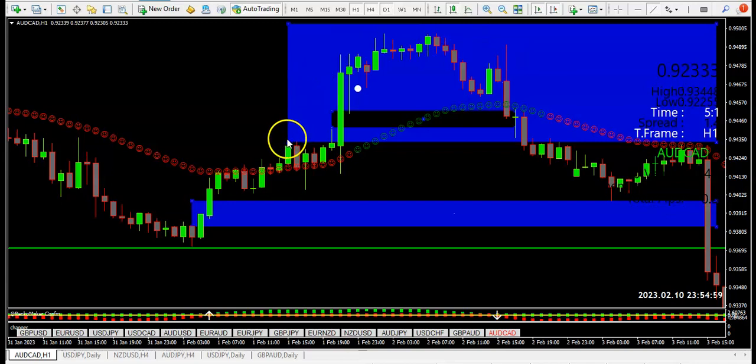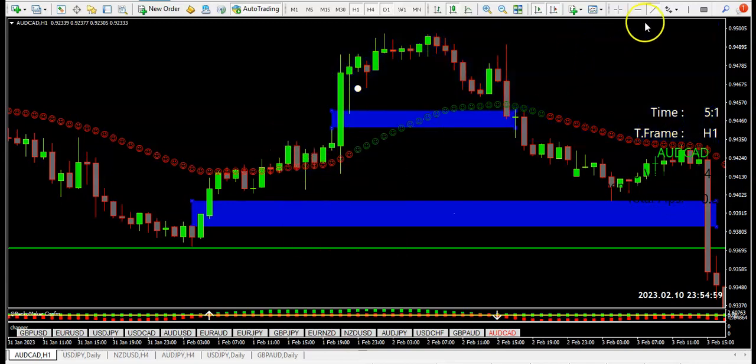Soon as I get a break of structure on this time frame right here, it broke all that structure. See that? We got the up movement, then we got this massive down movement on the 1 hour. So either you can do it from the engulfing candle or structure. It's basically the same thing.